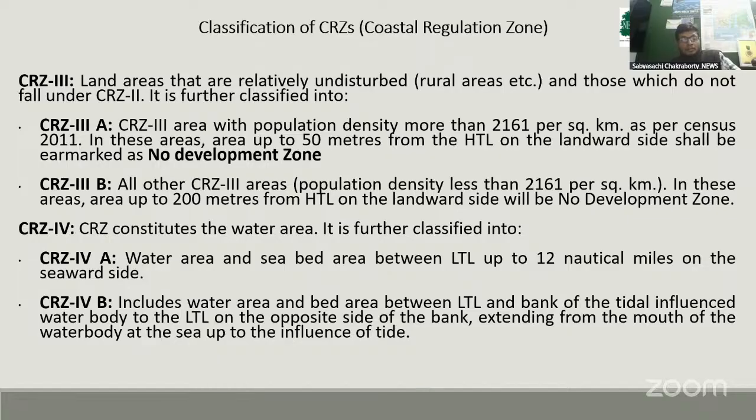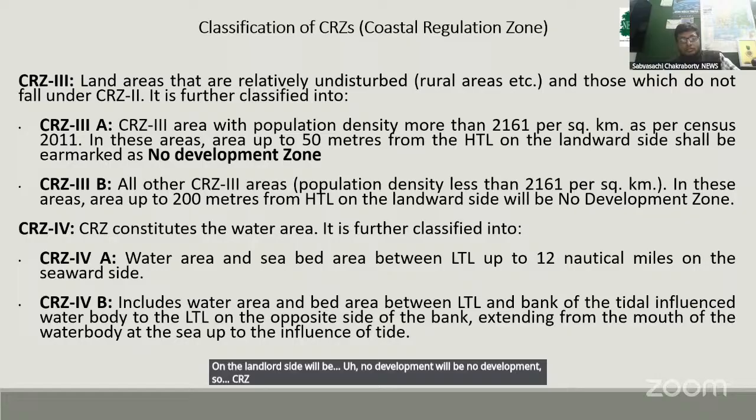And all the other CRZ3 areas, these areas up to 200 meters from the HTL on the landward side will be a no development zone. HTL means the high tide line.